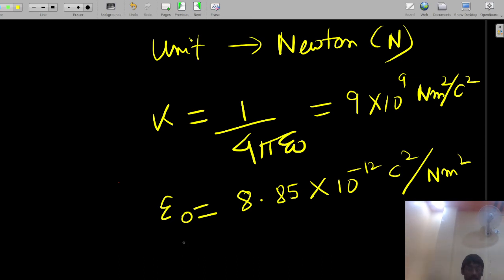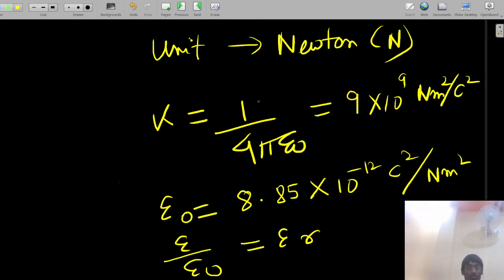Also there is one concept, that epsilon by epsilon naught is equal to epsilon r, where epsilon is the permittivity of any medium and epsilon naught is the permittivity of free space. So we can easily write epsilon equal to epsilon r into epsilon naught.